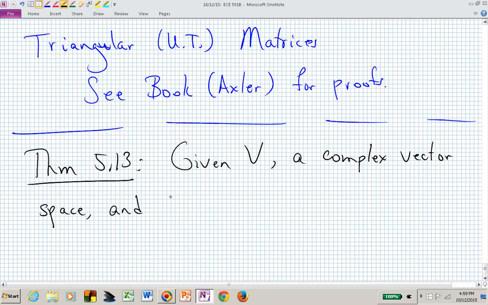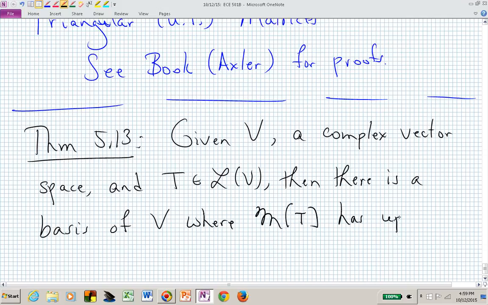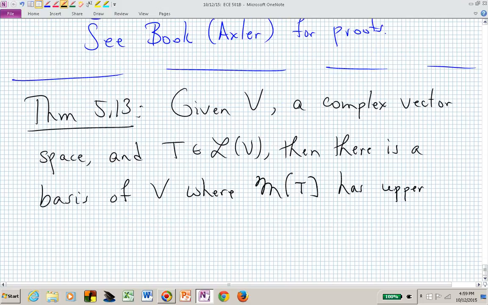And we have a linear operator T, then there is a basis of V where the matrix representation of that linear map has upper triangular form.